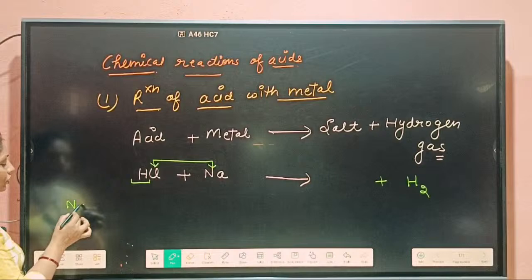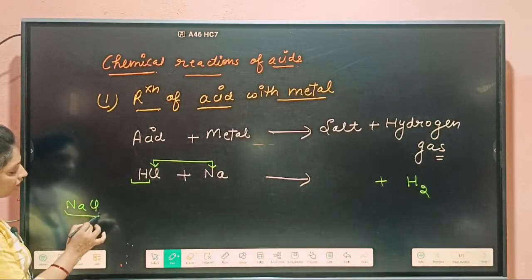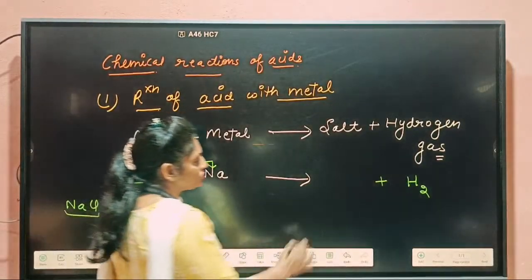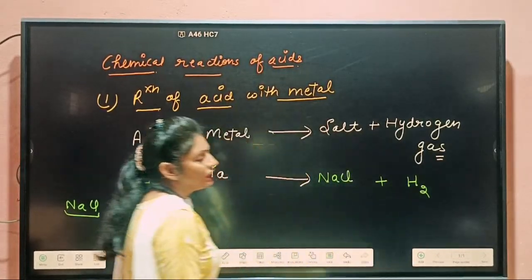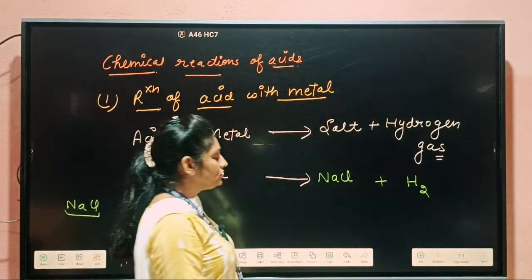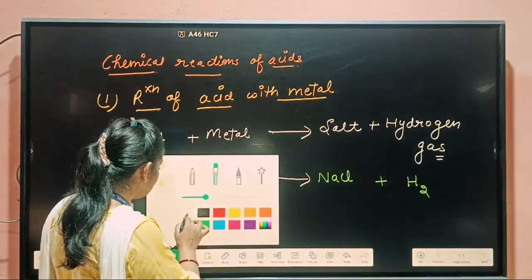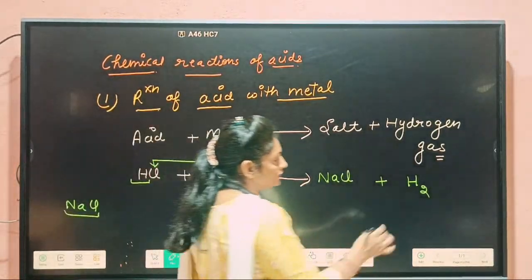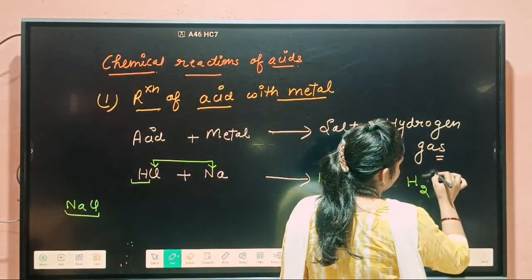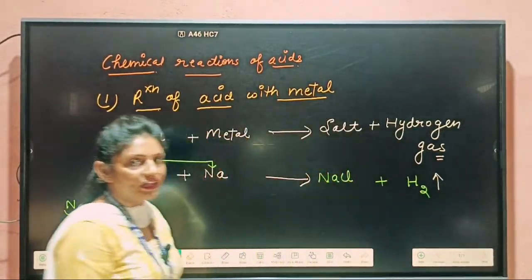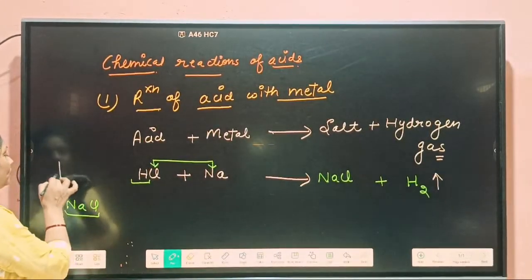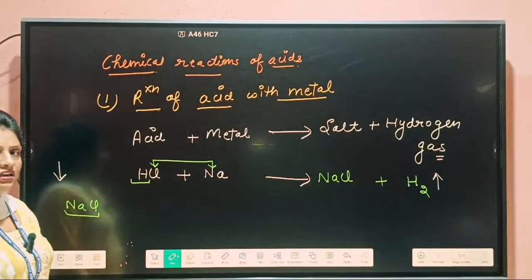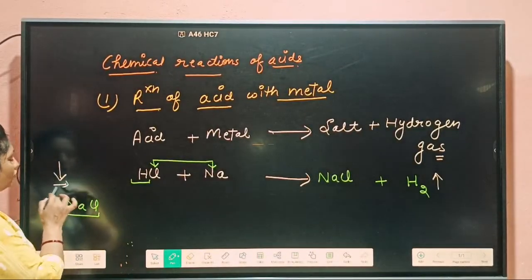And what is the formula of sodium chloride? That is NaCl. Then students, we will get salt, sodium chloride, plus evolution of hydrogen gas takes place. Students, evolution of gas you will show by an upward arrow. And if a precipitate is forming, then you will show it by a downward arrow.